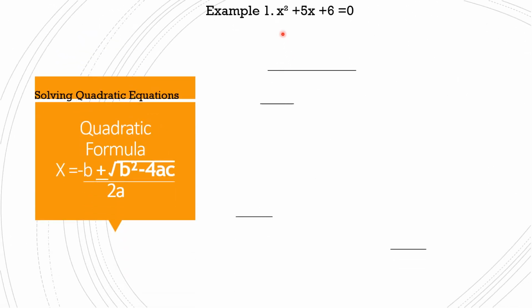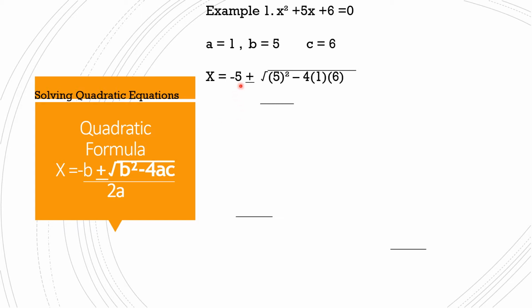So we have here x squared plus 5x plus 6 is equal to 0. Now, this equation is already in standard form, so we can find the value of a, b, and c. A is simply the numerical coefficient of x squared, b is the numerical coefficient of x, and c is the constant. So that is 6. What we're going to do next is simply substitute this in the formula.